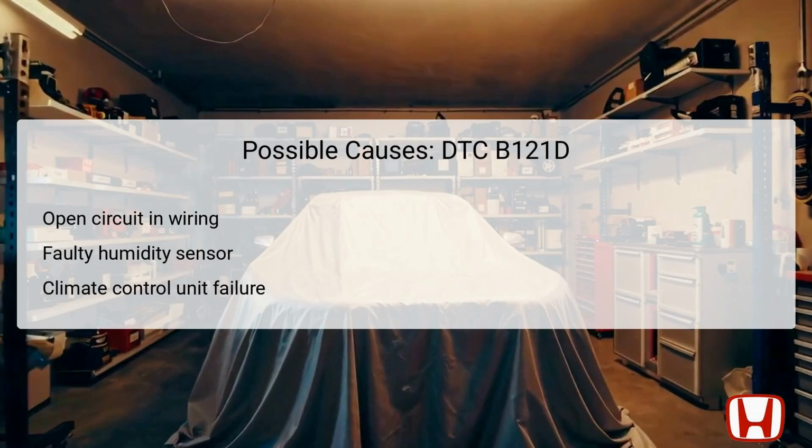Additionally, issues within the climate control unit can contribute to this error. If the unit itself is malfunctioning, it may not interpret data correctly, even if the sensor is operational. Each of these possibilities should be systematically evaluated during the troubleshooting process to accurately identify the root cause.